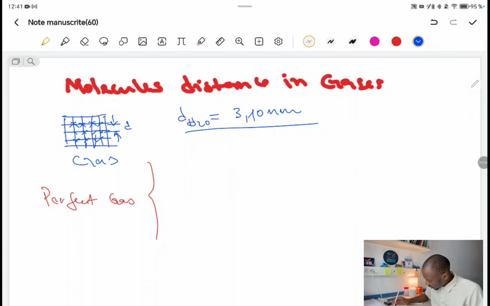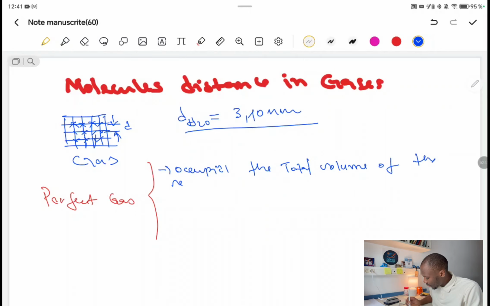Perfect gas, what does it say? Actually, we are saying that it occupies the total volume of the recipient. We're saying no interaction between the molecules except by collision.